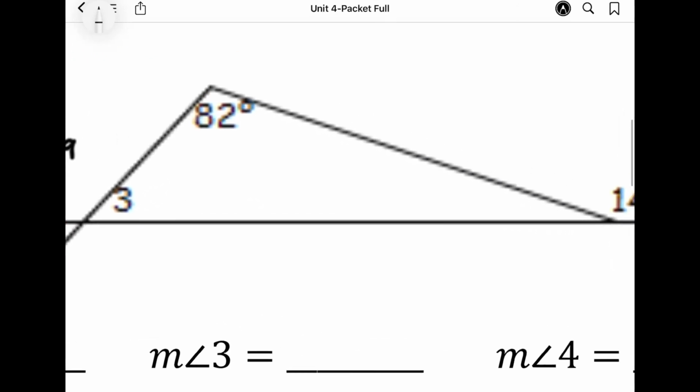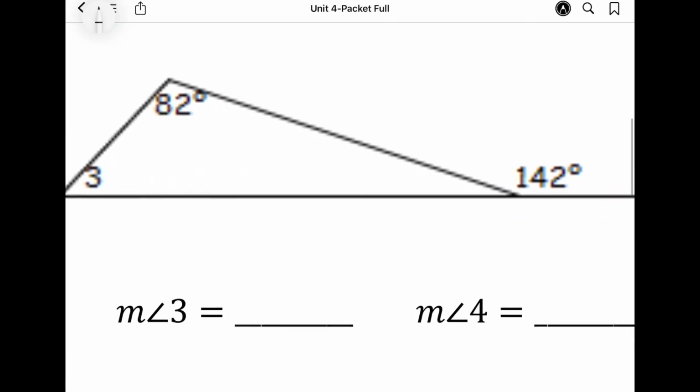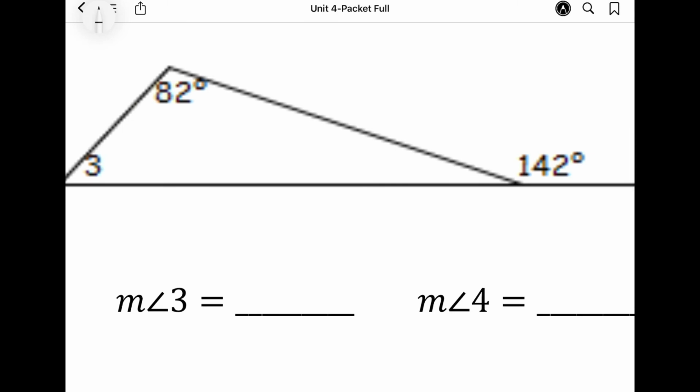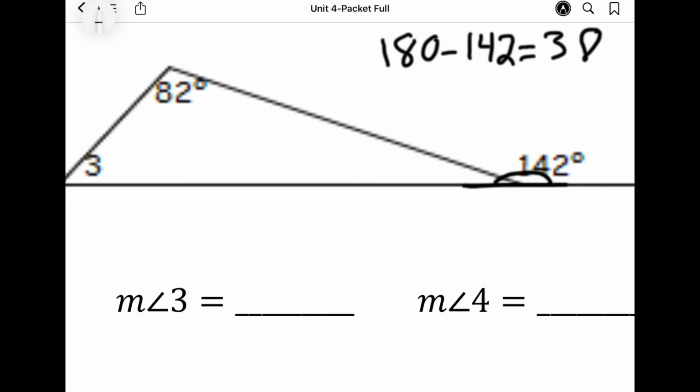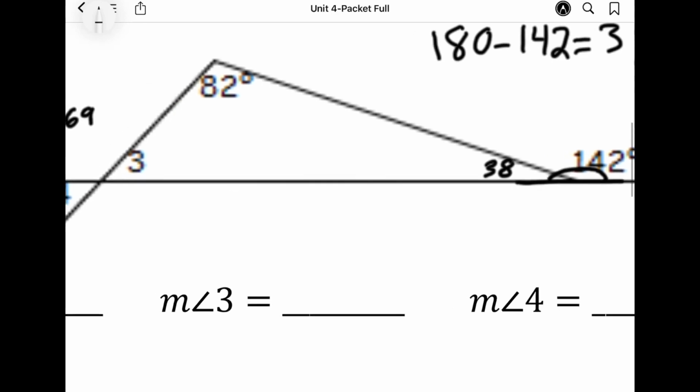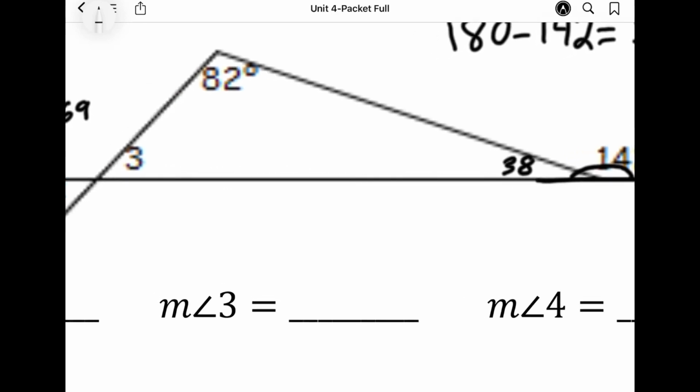So then all I'm worried about is this triangle over here. I want to finish off solving this triangle on the right. So this angle 142 plus our last angle creates a straight line, so it's 180 degrees. I'm going to do 180 minus our 142 that we already have. We're going to get 38. Now once we have that, we have 2 of the 3 angles inside of the triangle that we're moving to.